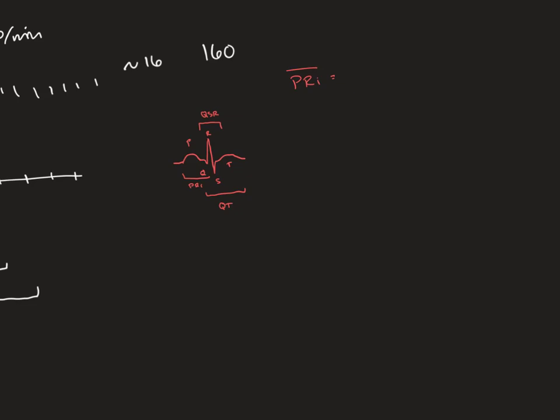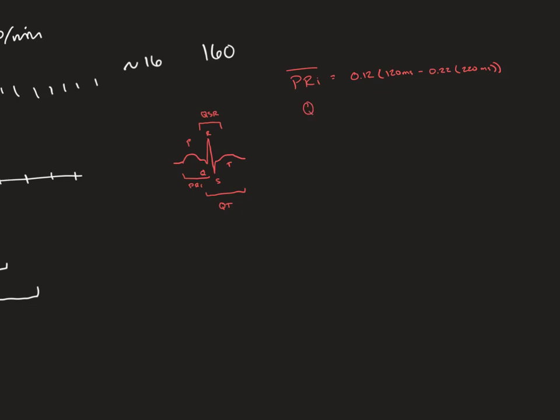And the PR should be between 0.12, or for you nerds out there, 120 milliseconds, to 0.22 seconds, which is 220 milliseconds. So in general, the PRI is going to be wider than the QRS. The QRS is the most rapid dipole because it has those real fast tracks of the bundle branches and the bundle of His in a normal heart.